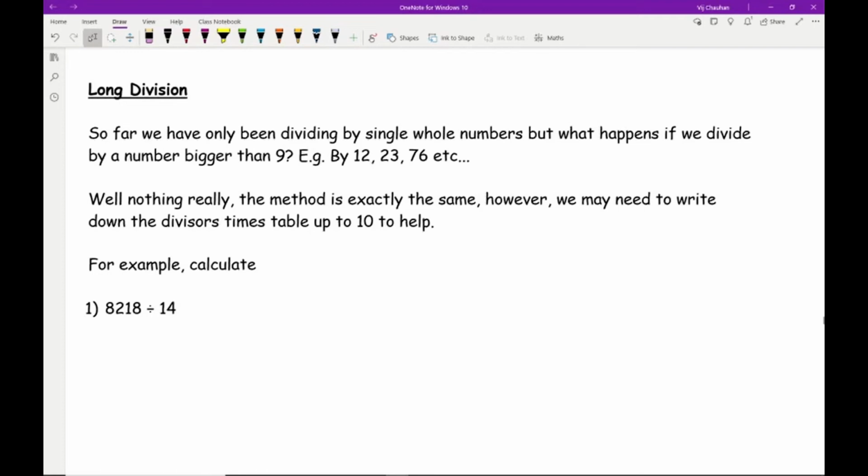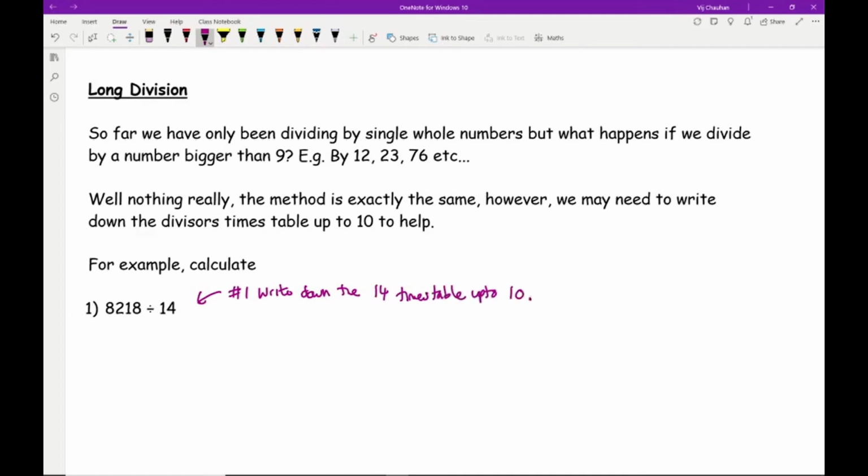What I mean by that is, if we look at this first example, we've got 8,218 divided by 14. The first thing we want to do is write down the 14 times table up to 10.